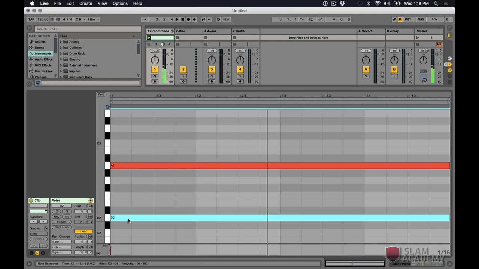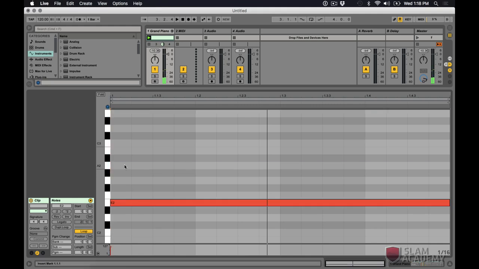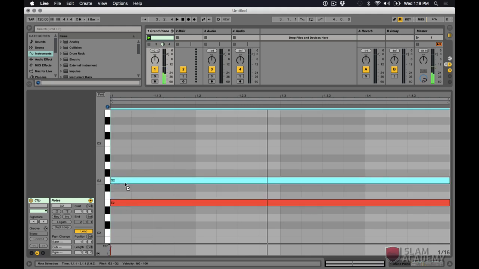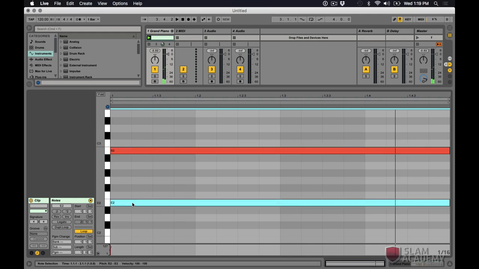Okay, let's keep going. Here's an E. So if I want to find the interval above E of a fifth, 1, 2, 3, 4, 5. It's a B. Okay, let's keep going.